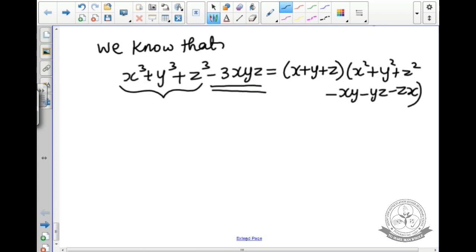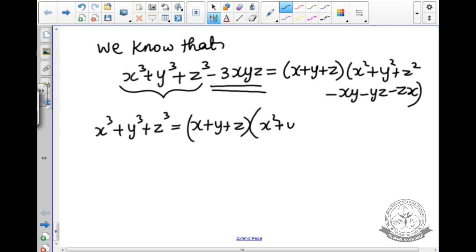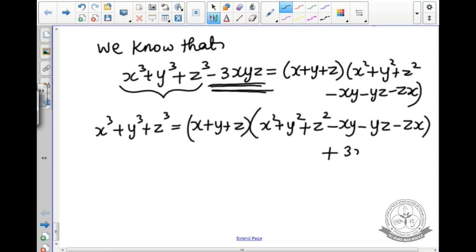So x cube plus y cube plus z cube is equal to x plus y plus z into x square plus y square plus z square minus xy minus yz minus zx, then this 3xyz moves to the right hand side, so it will be converted into positive, so plus 3xyz.